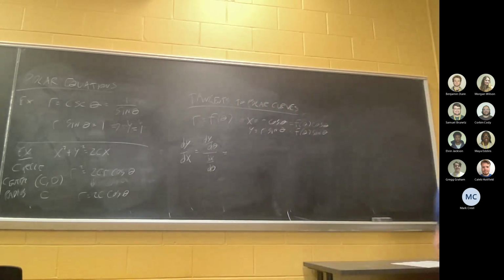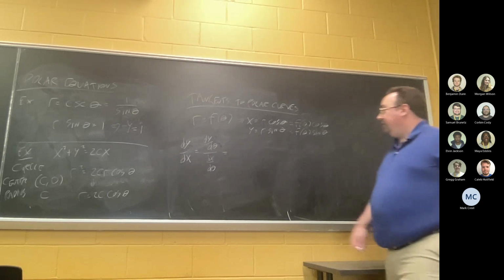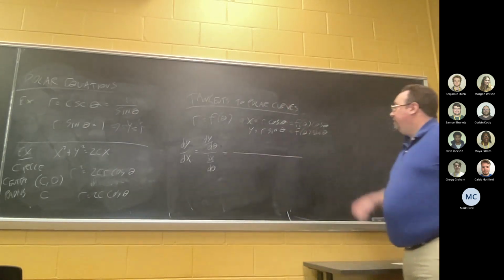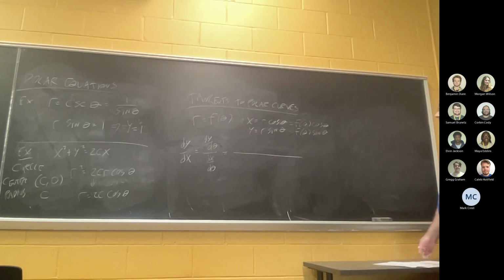And since we have these formulas here for x and y, we can take the derivatives of these. And what do we need to use to take the derivative of these with respect to theta? Yeah, I've got to use the product rule.